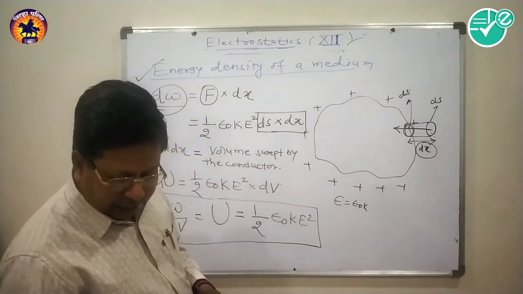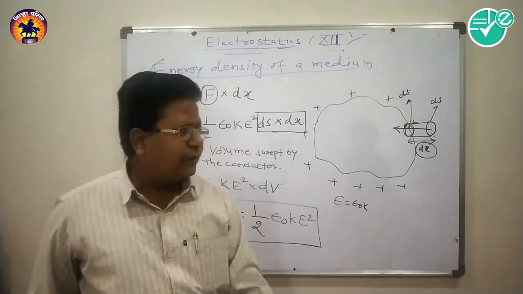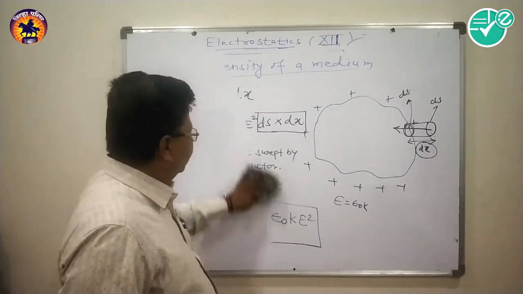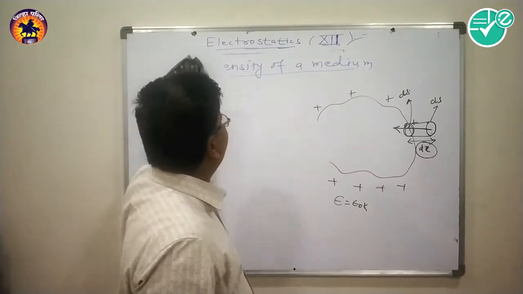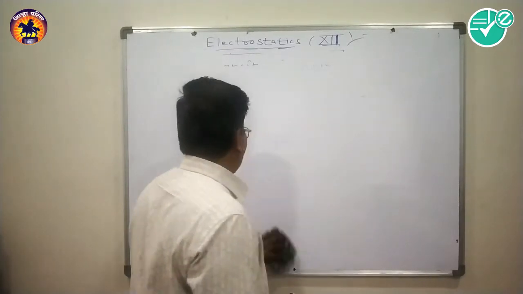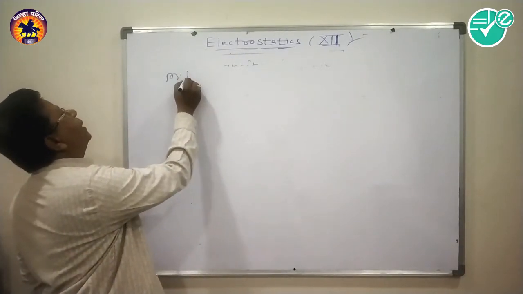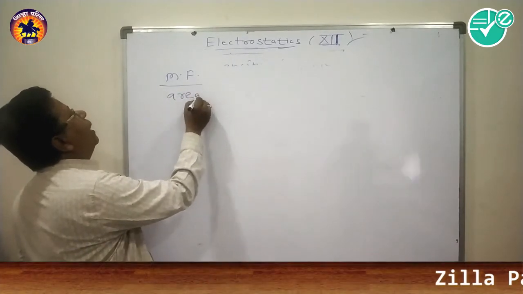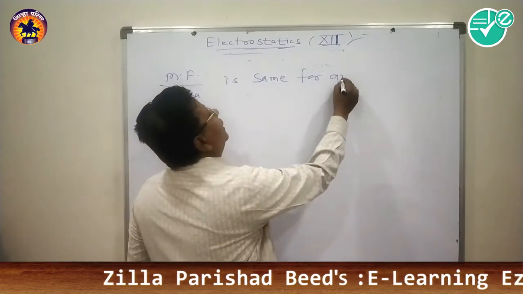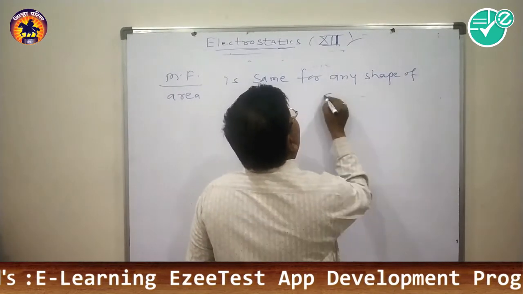Now finally we will discuss two situations. One situation is: is this mechanical force per unit area of a charged conductor the same for all shapes of the conductor? So is the mechanical force per unit area the same for any shape of charged conductor?